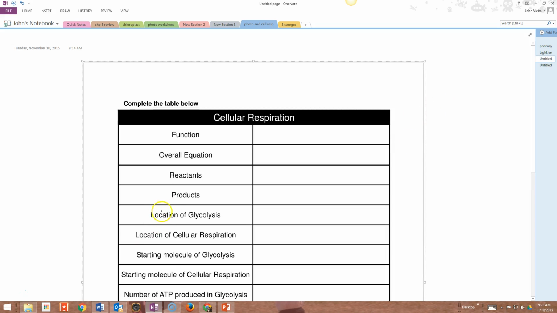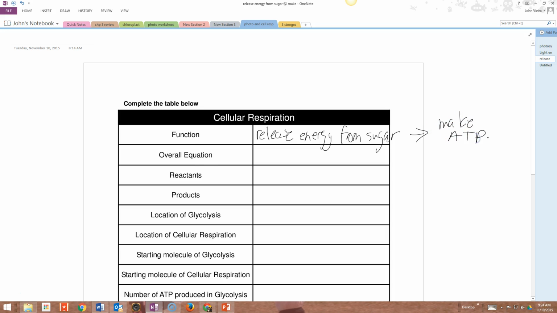All right, so cellular respiration, the function for this is to release energy from sugar to make ATP. The overall equation is glucose plus oxygen gas. Oops, 6 molecules of oxygen gas.